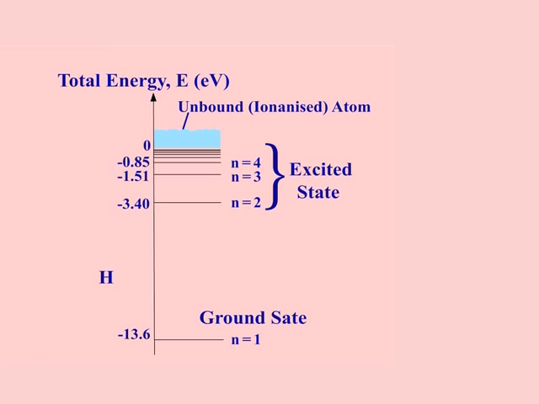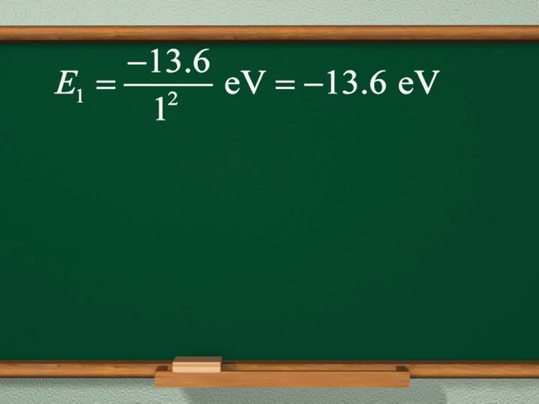We know that the energy of hydrogen atom when the electron revolves in nth orbit is minus 13.6 upon n square in electron volt. In ground state, we take n equal to 1. Therefore, E1 is minus 13.6 upon 1 square, that is minus 13.6 electron volt.